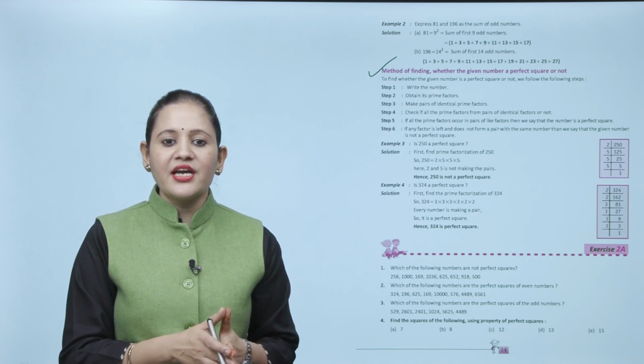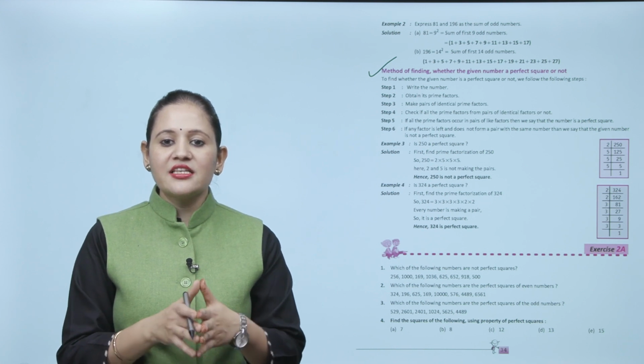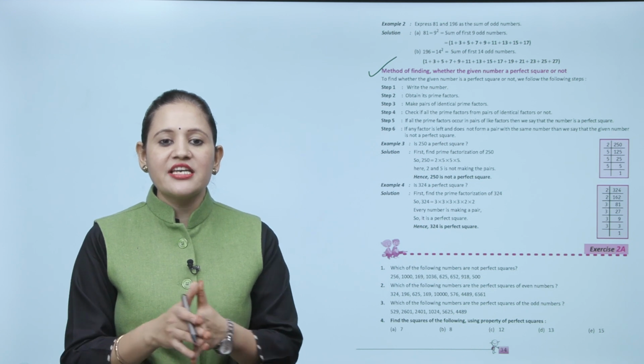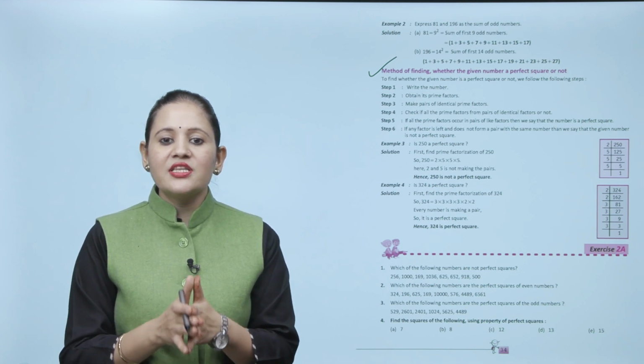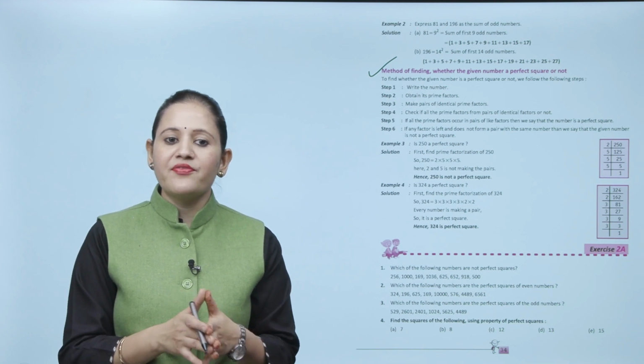If all the prime factors occur in pairs of like factors, then the number is a perfect square. If any factor is left and does not form a pair with the same number, then the given number is not a perfect square.